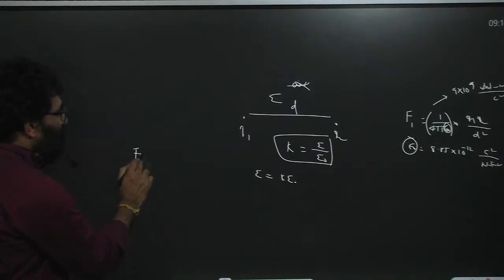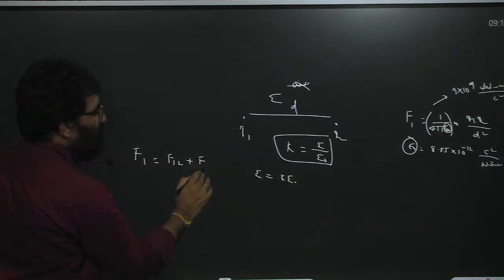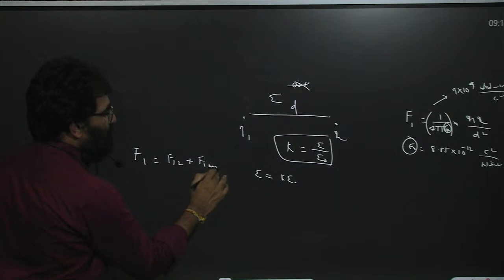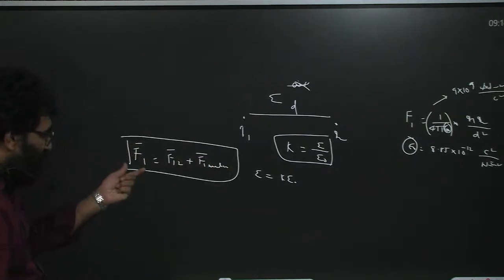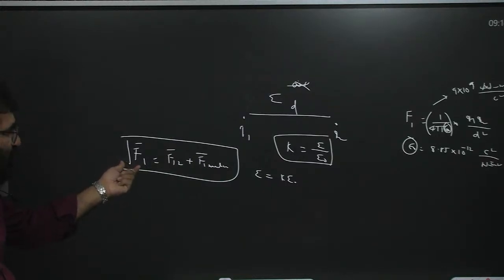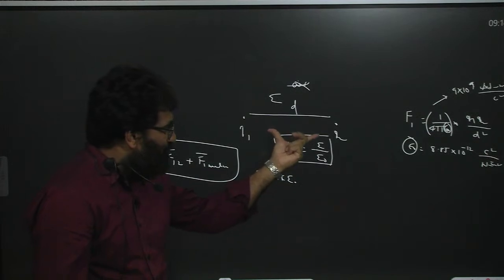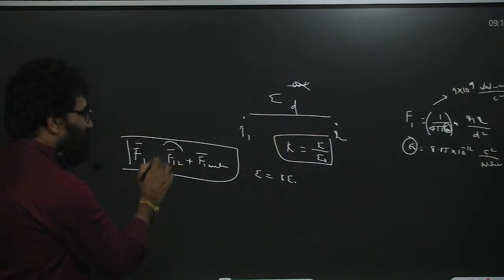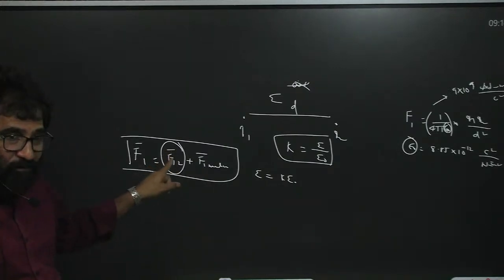The force on one is the force due to two, less the force due to the medium. So remember, the net force on one depends upon the medium between them, but the force of interaction between them remains the same even when we replace it with different mediums. That is a very, very important statement.